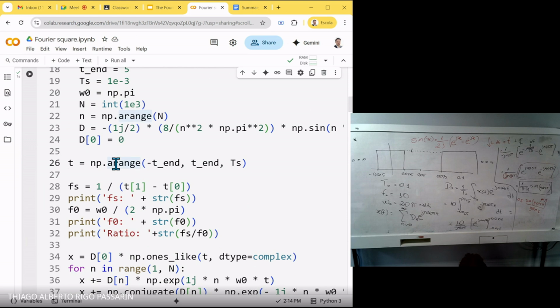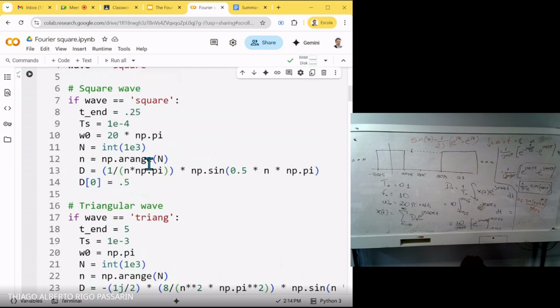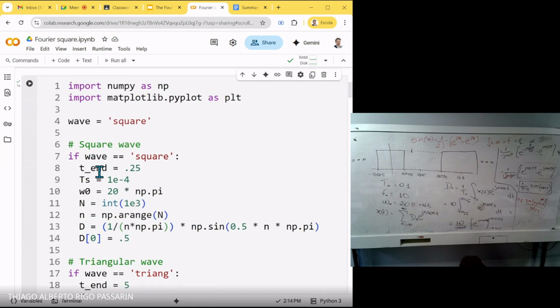Then I create a vector of time. Notice that the sampling frequency here doesn't matter, because I am computing dn and it's not in the time domain. So this is just for the plot.